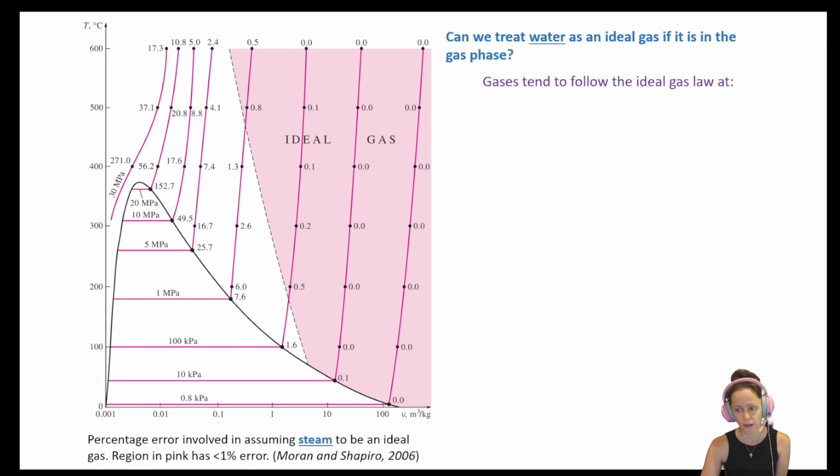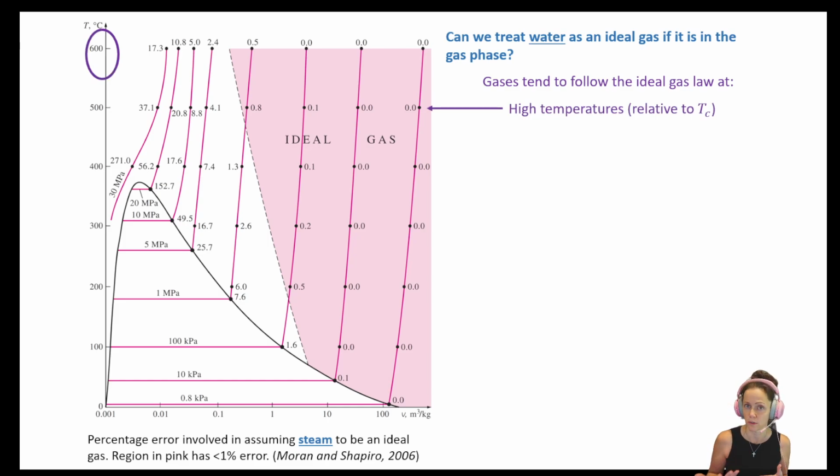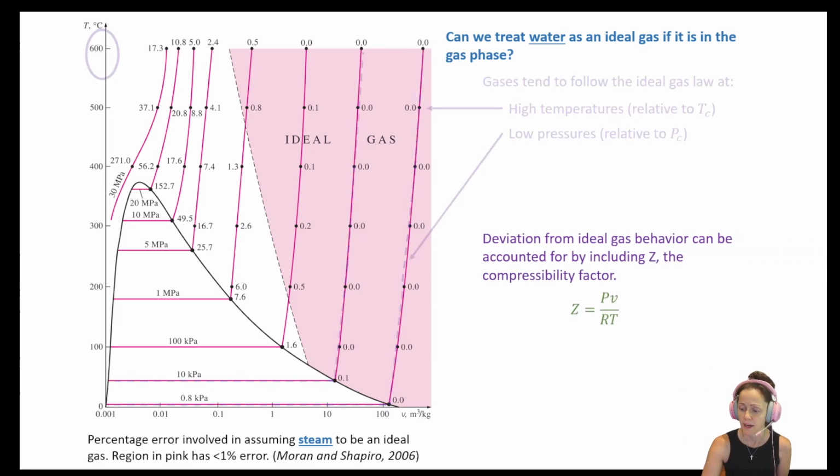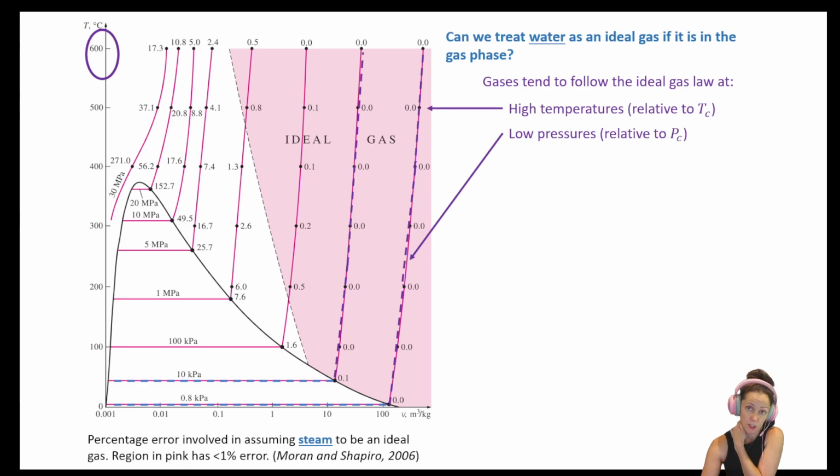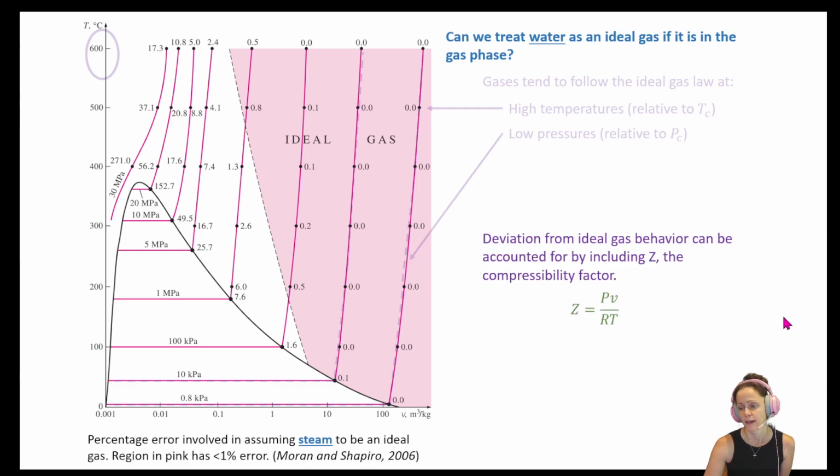So we need to have a rule to figure out when we can assume that something behaves as an ideal gas. So we could see from this that, well, if it's at a high temperature relative to that critical temperature, we could probably assume that it's an ideal gas. At low pressures, we can probably also assume that it's an ideal gas.